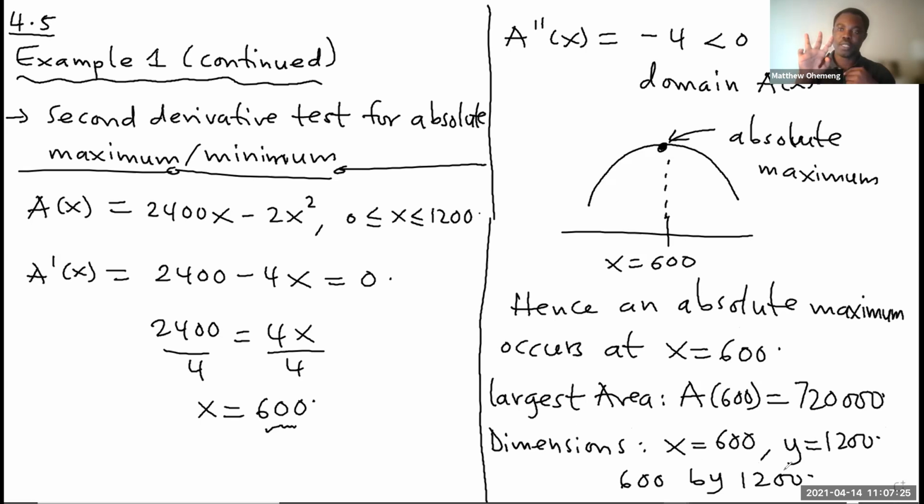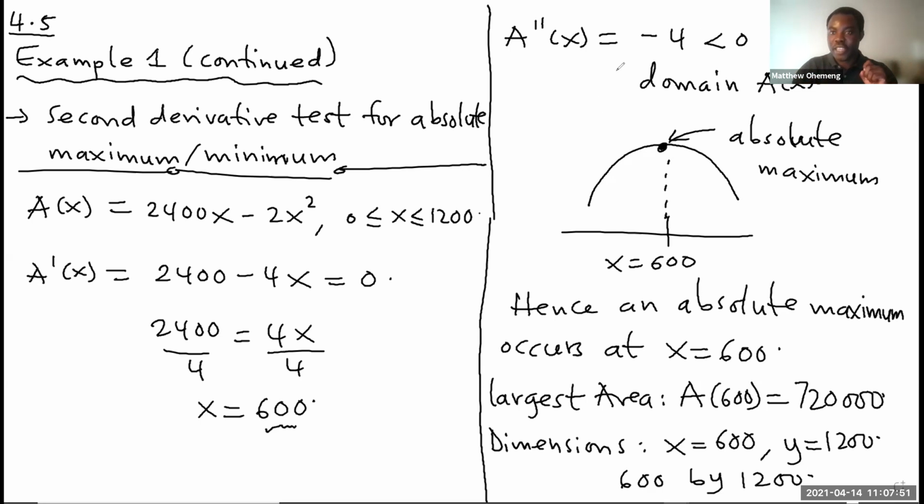So there are 3 options. Now you can use either one, depending on the question that you have. But you can't use the closed interval method if the domain is not a closed interval. But if you have a closed interval, you can use the closed interval method and all the other methods. For some of them, you have to restrict your methods to either the second derivative test or the first derivative test.